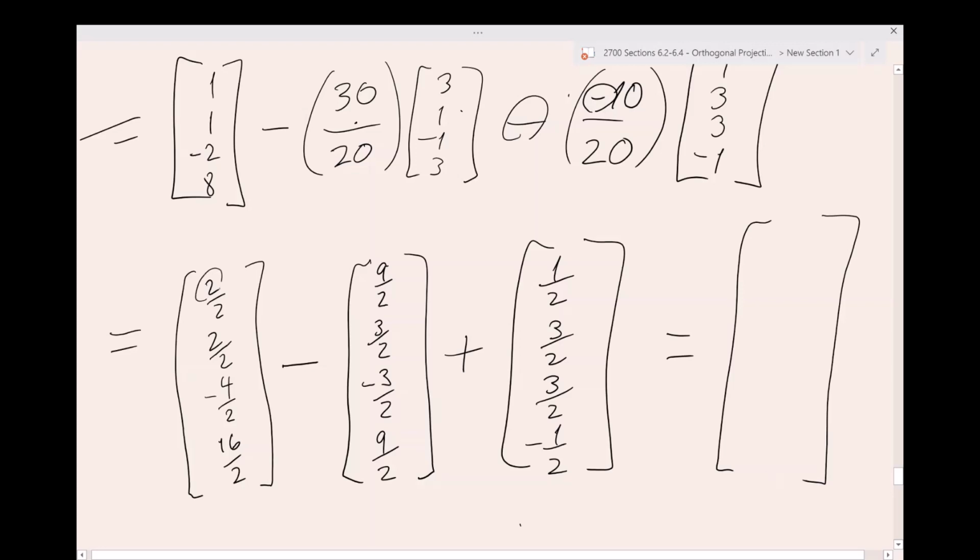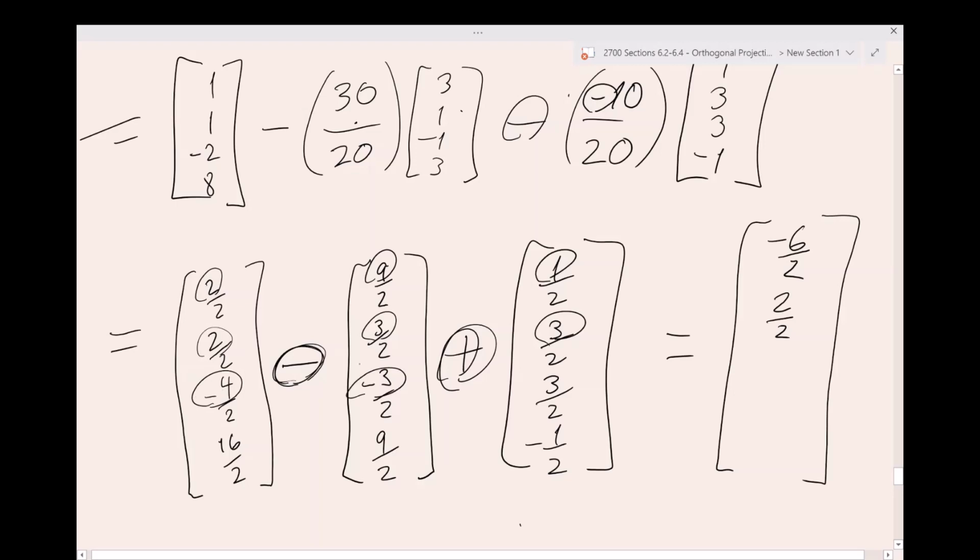So we have 2 minus 9 plus 1, so that'd be negative 7 plus 1, negative 6 halves. 2 minus 3 plus 3 is just 2 halves. Negative 4 minus negative 3 would be negative 4 plus 3, so minus 1 plus 3 is 2 halves.